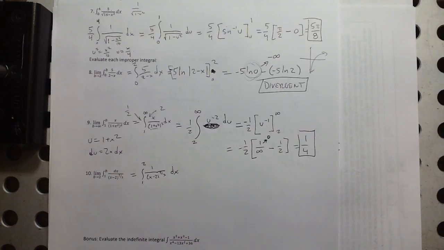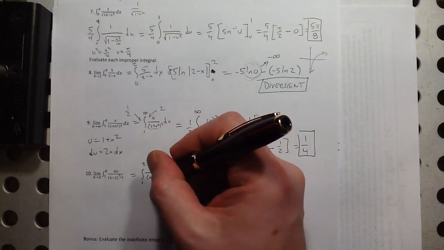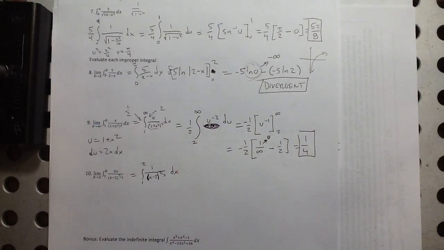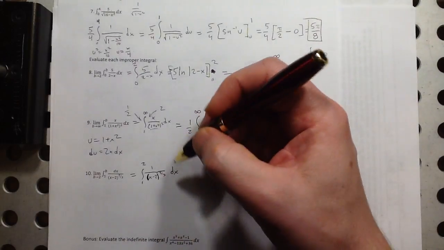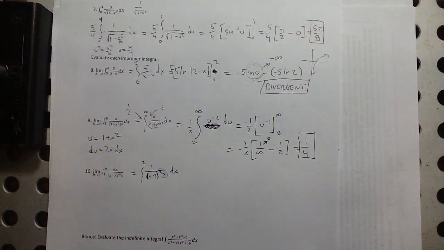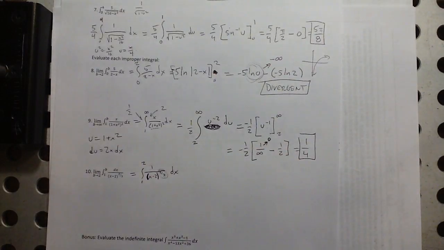And here's a challenge for you, or something to think about. There was a problem, I think it was the step-by-step number 14, part A, that had you think about what power here, like what does this power have to be for us to get an answer for an improper integral, and what powers here end up being divergent.